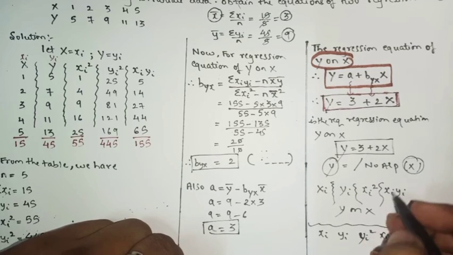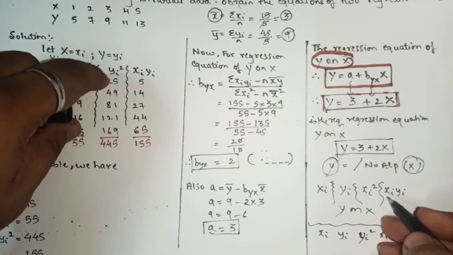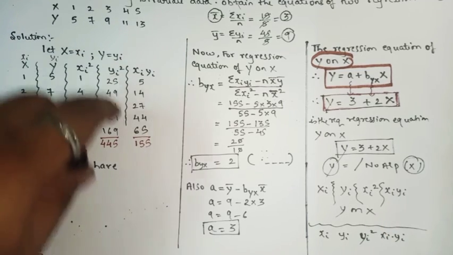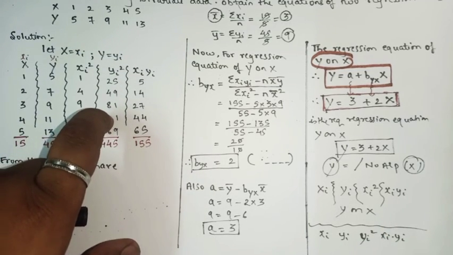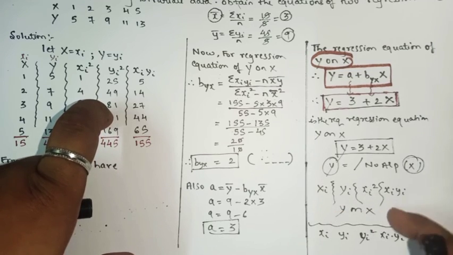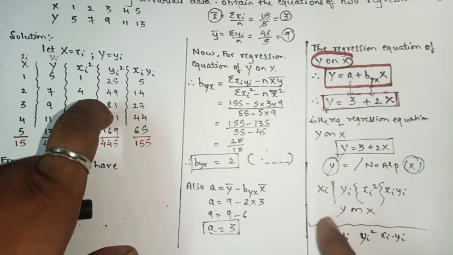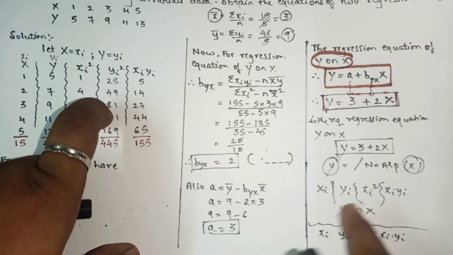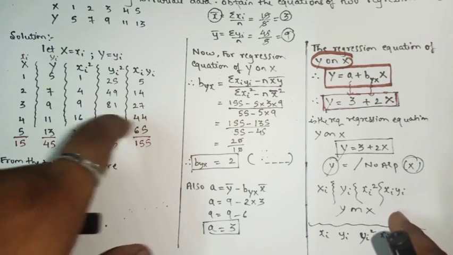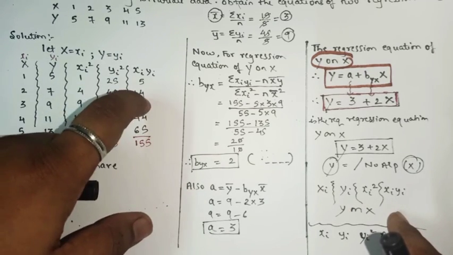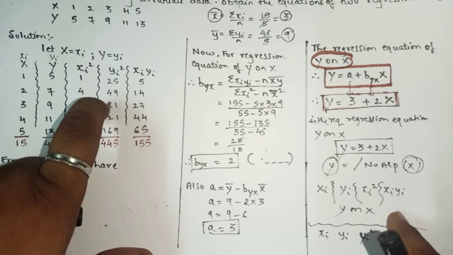No need of showing the 4th column, y square, when you have to find y on x. Remember this. Whenever you have to find y on x, remember this table is for both x on y and y on x.